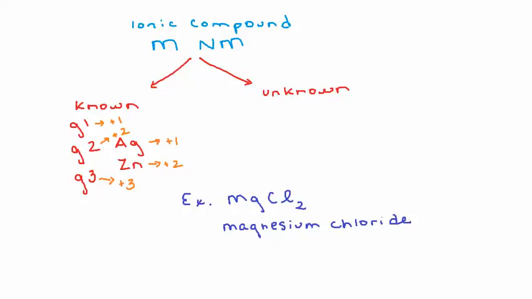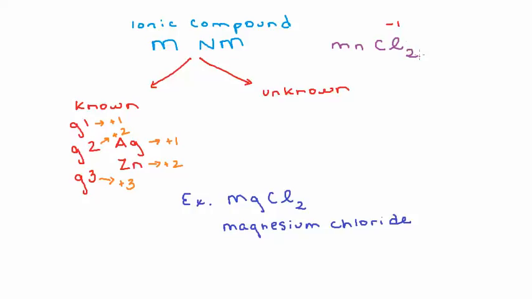Now, what if I were to give you instead manganese chloride? If you look at the periodic table at manganese, it's a transition metal. I don't automatically know the charge of manganese. So as a result, I need to include the charge of manganese when I write the name. Well, if you want to problem solve it, chlorine has a -1 charge.